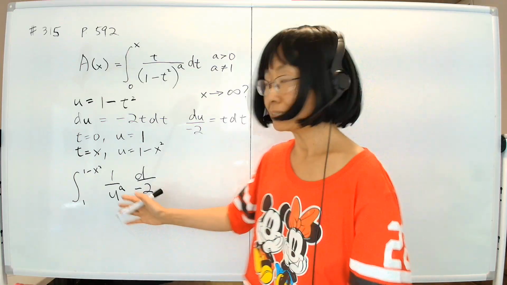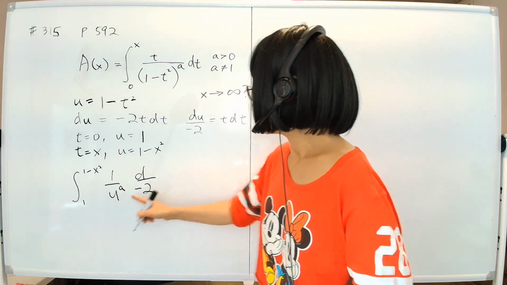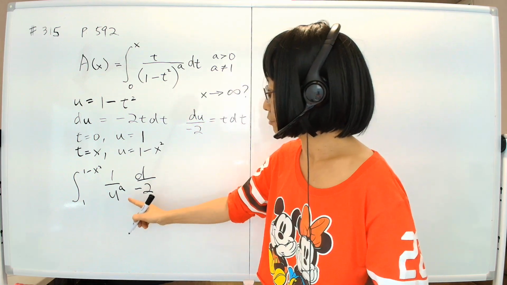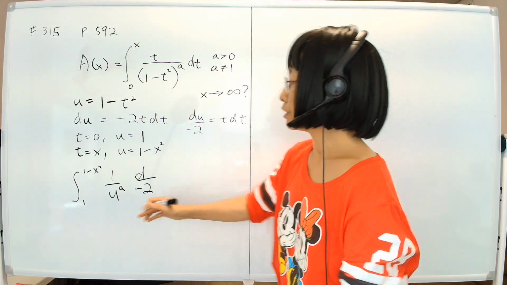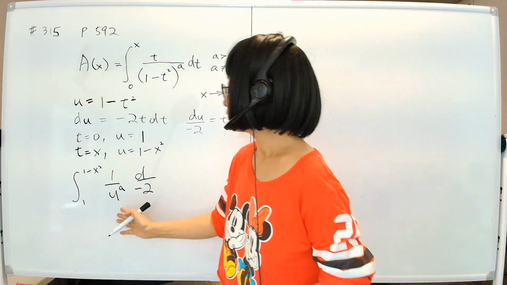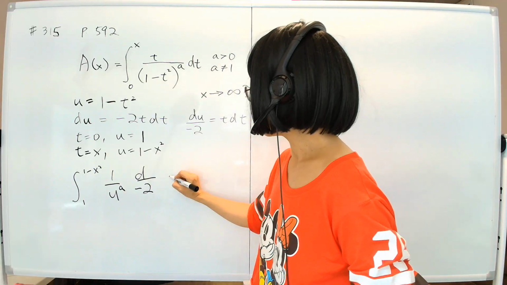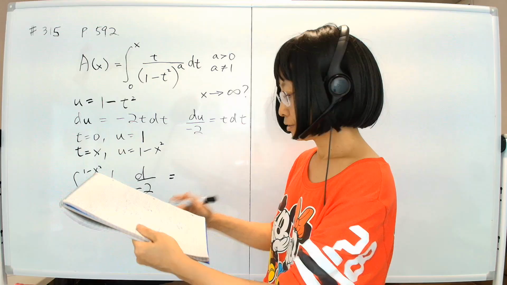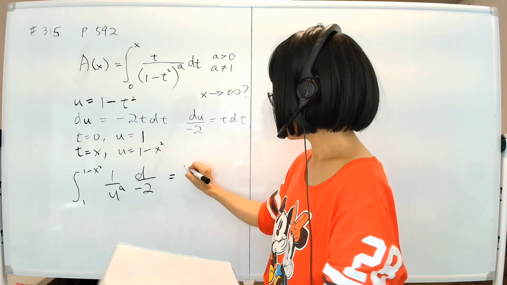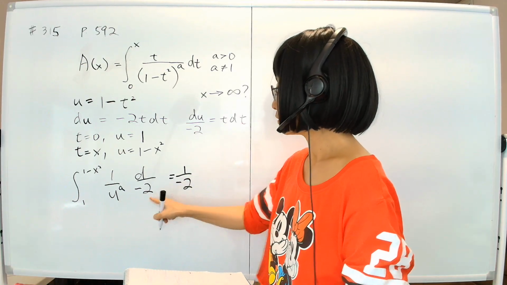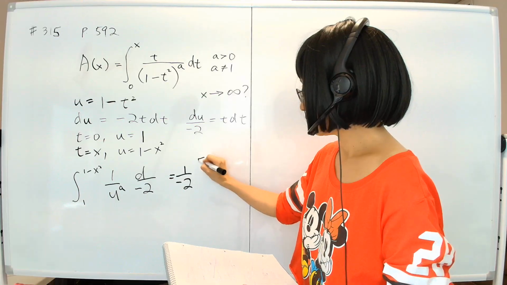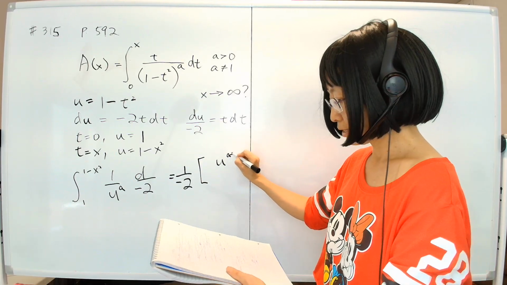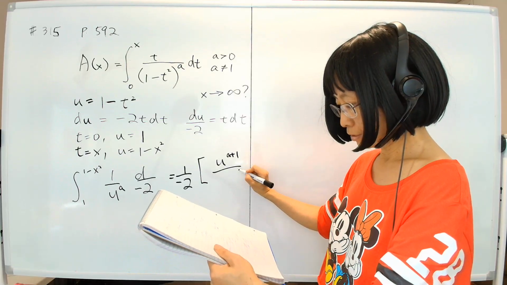All right, so let's do the integration. Being that a is not equal to 1, we can apply the power rule. The power rule states that this equals minus 1 half, a number in front, and then u raised to the power a plus 1 divided by a plus 1.